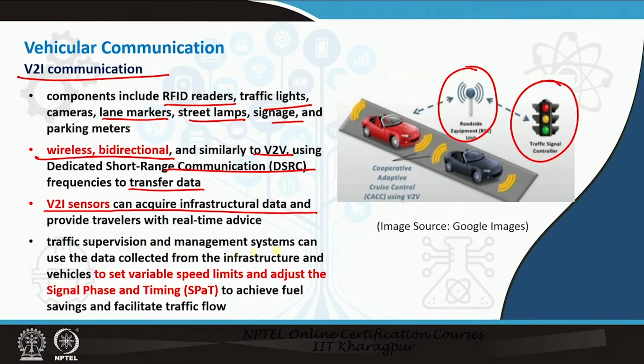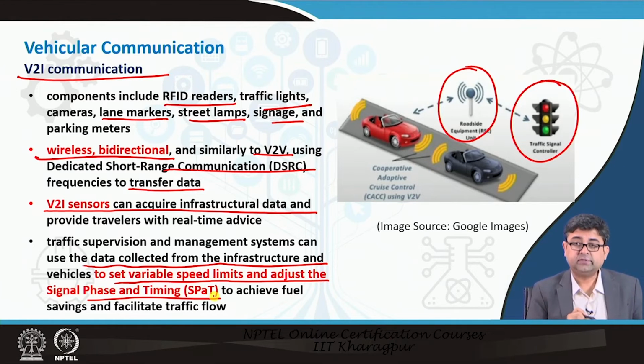Traffic supervision and management systems can use the data collected from the infrastructure and vehicles to set variable speed limits and adjust signal phase and timing, right, to achieve fuel saving. So, based on the arrival patterns that you see through your CCTV cameras at the TMCs, you can then set your traffic signals more efficiently.